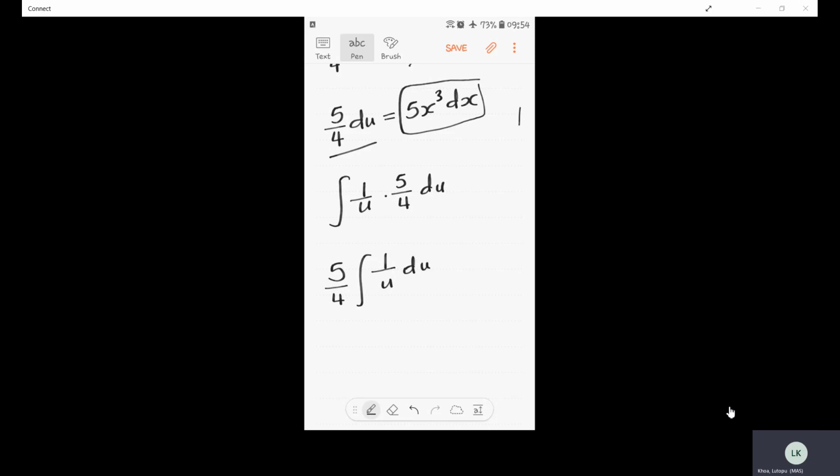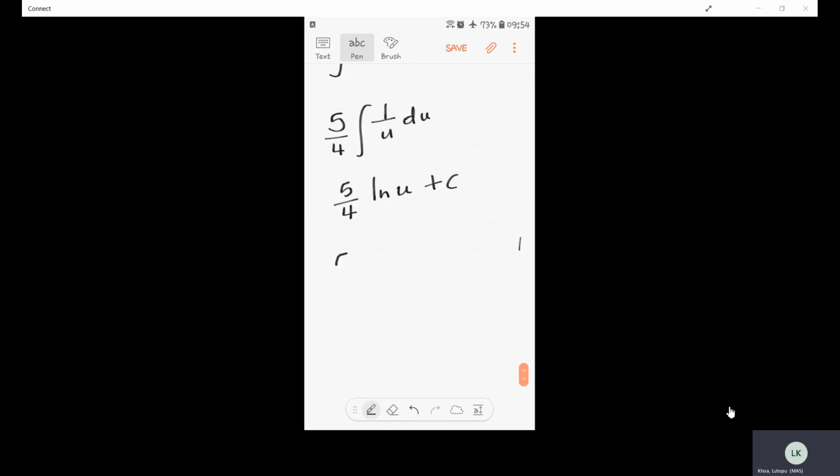This is 5 over 4 times ln of u plus c. My u is 2 plus x to the power of 4, so I have 5 over 4 ln of 2 plus x to the power of 4 plus c. Always good to check: quickly differentiate what you have and see if you get the original function back.